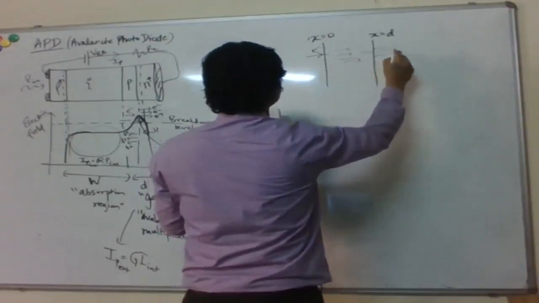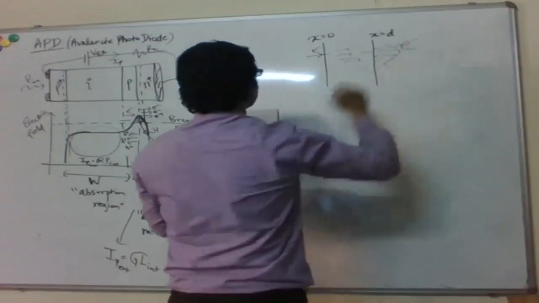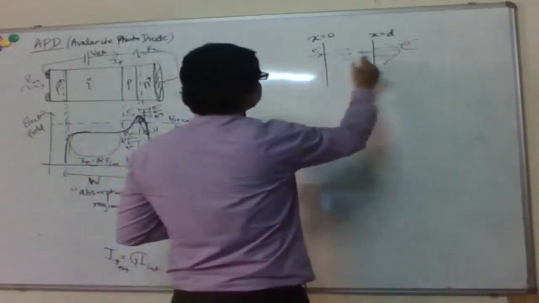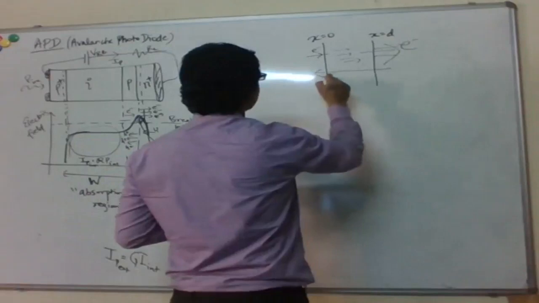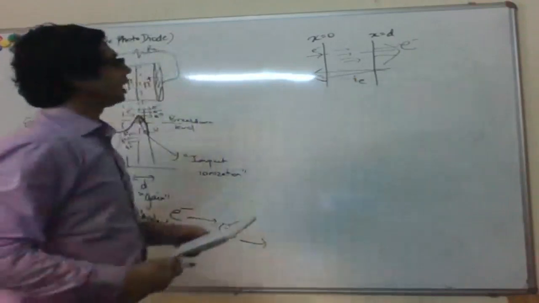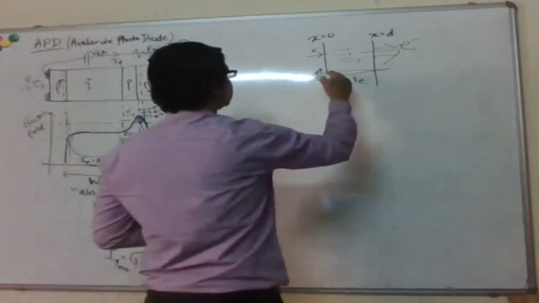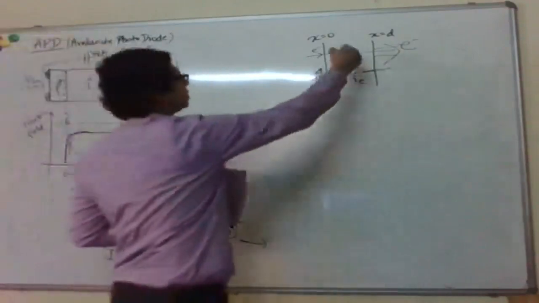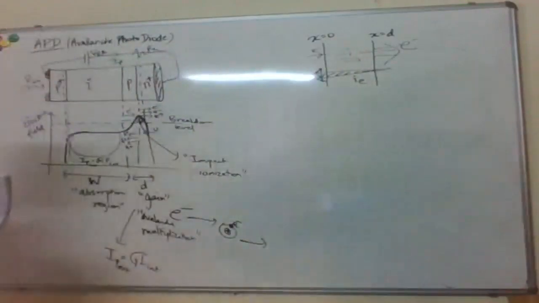So now here you have many more electrons, right? If the electrons are flowing like this, the electron current is like that. I have shown an arrow with increasing thickness to show that the current is increasing because of this impact ionization process going on here.